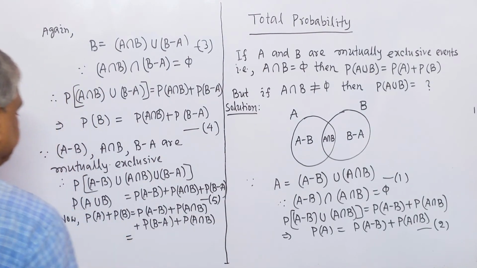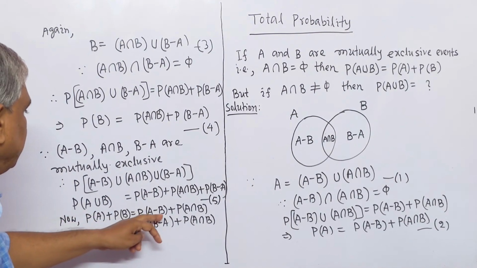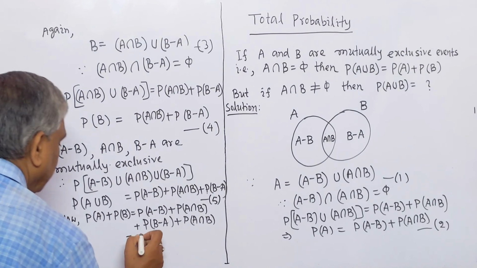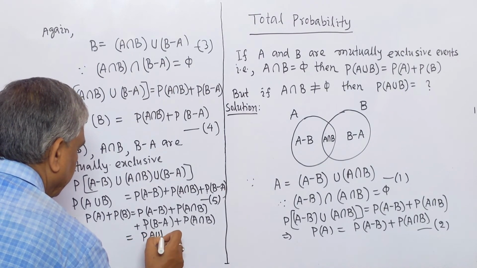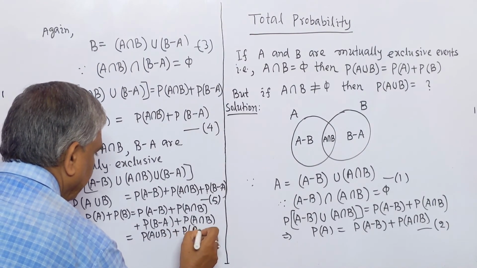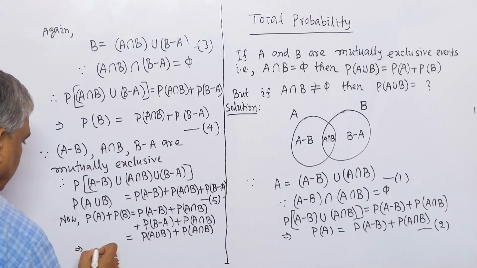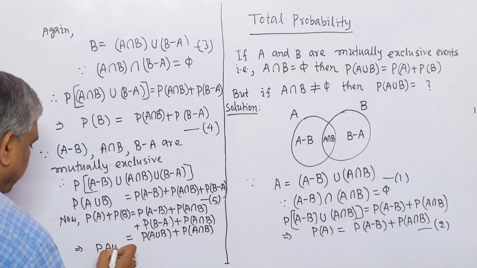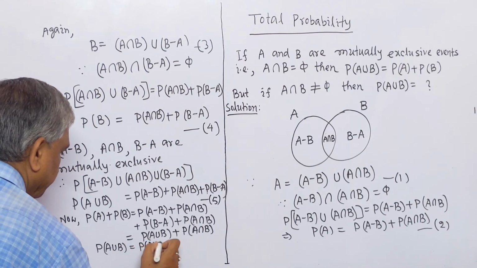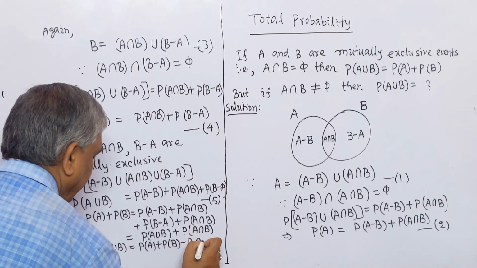This is equal to, here we see that from 5, P(A minus B) plus P(A intersect B) plus P(B minus A) is P(A union B), P(A union B) plus P(A intersect B) implies that P(A union B) equal to P(A) plus P(B) minus P(A intersect B).